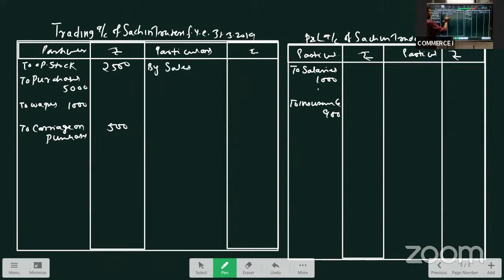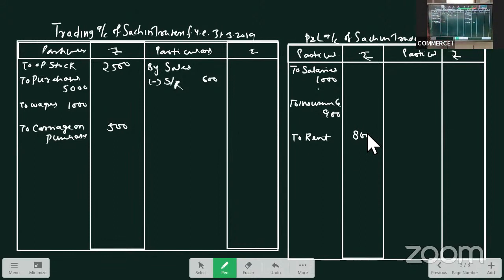Sales we have not arrived at. Sales return is given as 600. I'm just writing the figure here. After we write sales, we will deduct it. Rent is given. Rent is a P&L item. I'll take it on the debit side as 800.